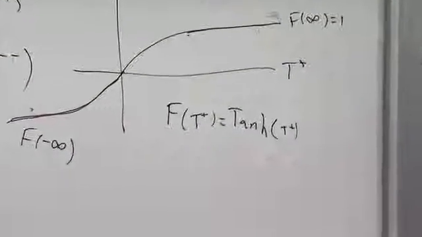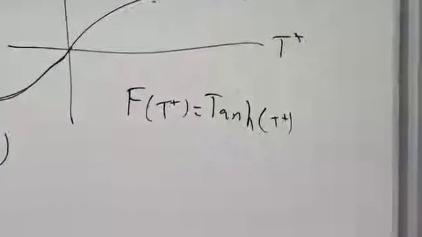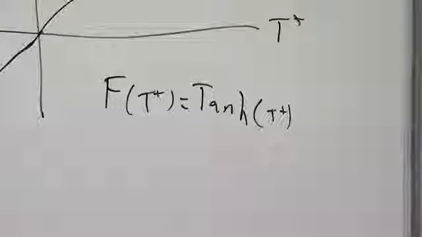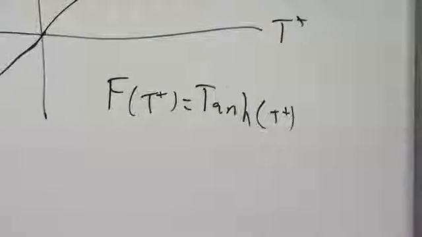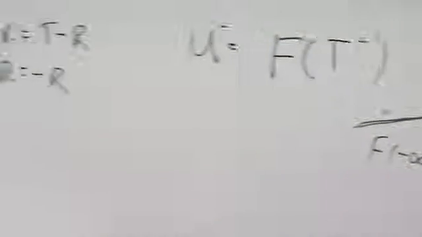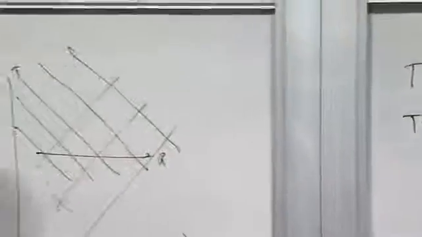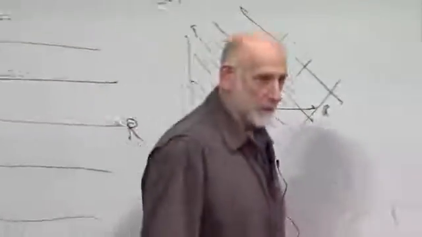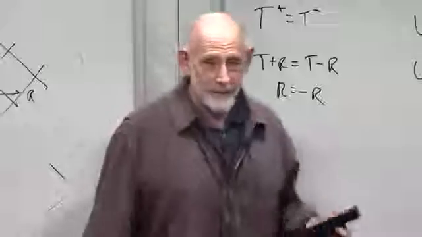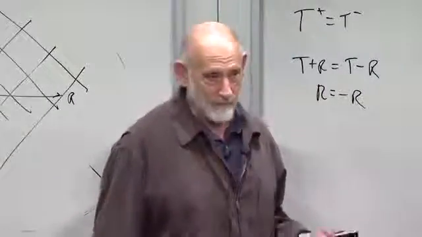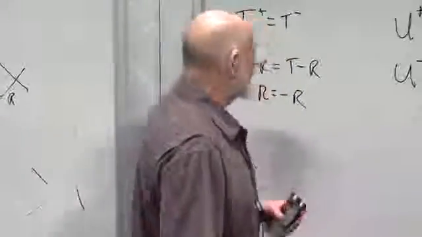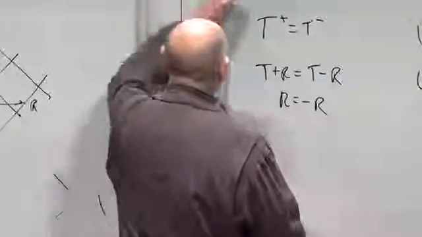Okay, now think about what happens as we start moving on this graph further and further outward. T plus is getting bigger and bigger and bigger. What is u plus doing? It's never going to get bigger than 1, right? So let's draw our same space-time with these new coordinates.